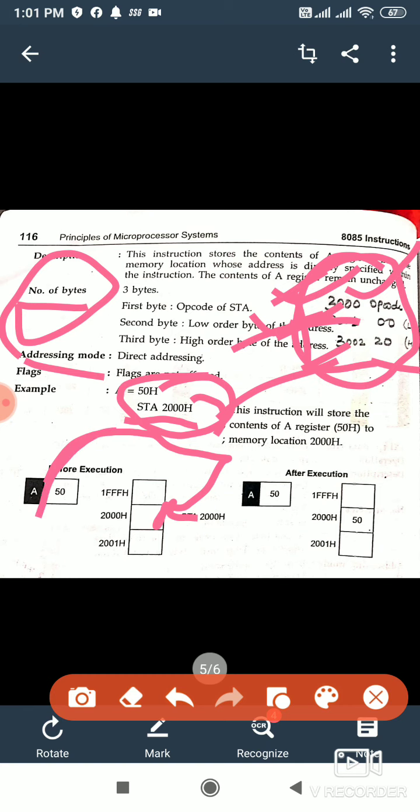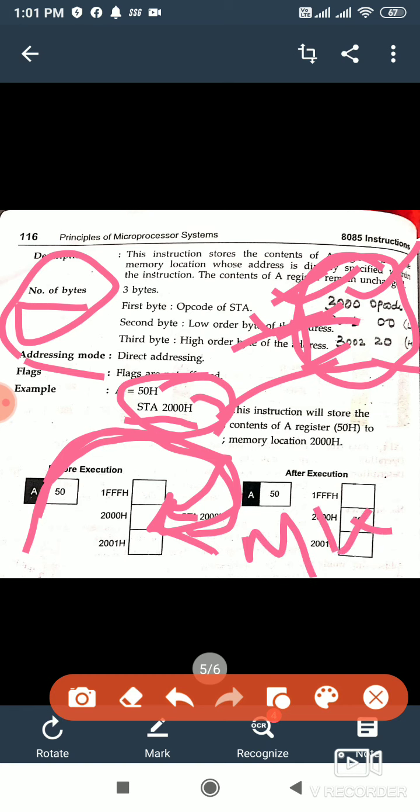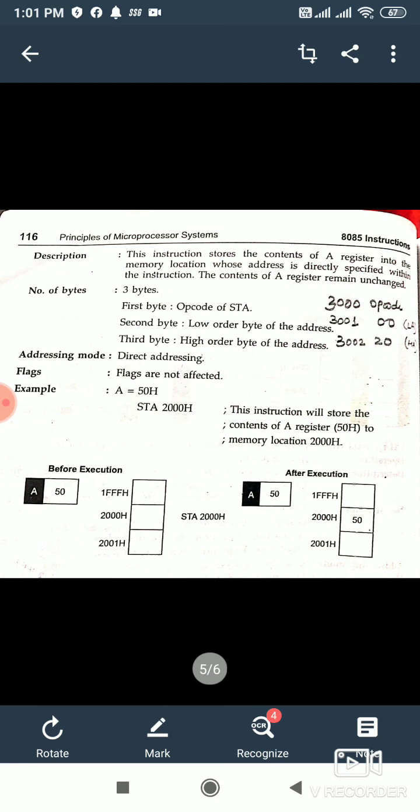It will place the content of the accumulator into the memory. Whenever the microprocessor is sending some data from the microprocessor to some memory, it is a memory write cycle. So with 2 memory reads, we are having a memory write cycle also. This is a very important concept.